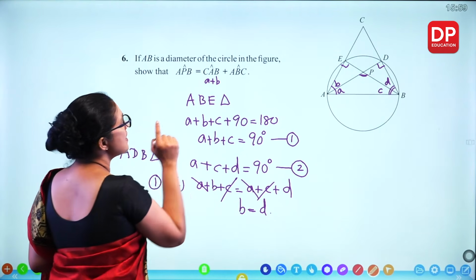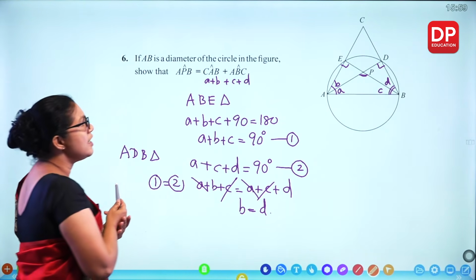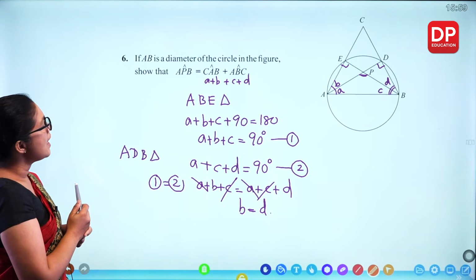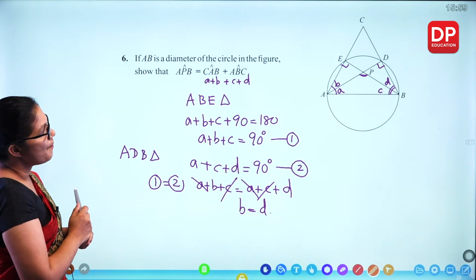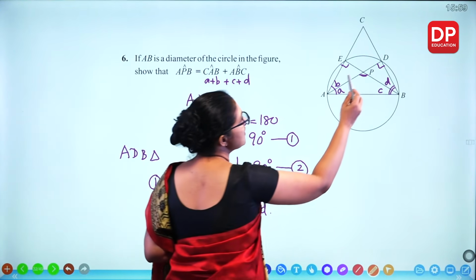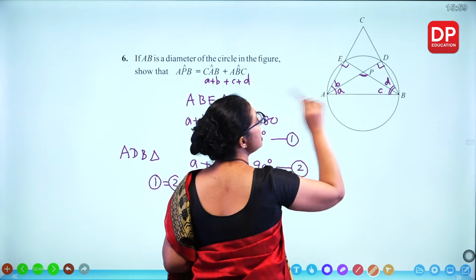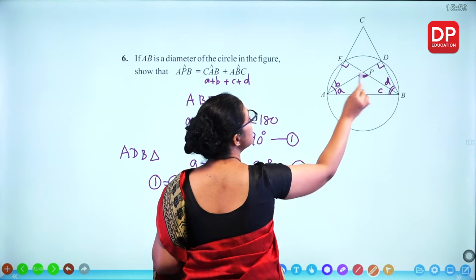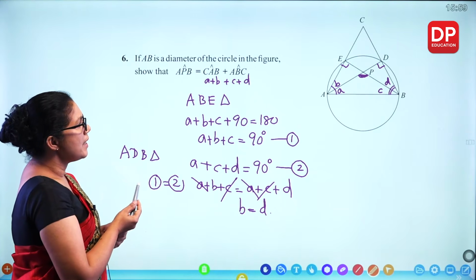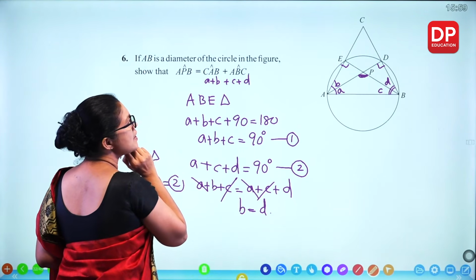ABC is C plus D. So we need to find out A plus B plus C plus D is equal to APB. What's this angle? If you know this is D and this is 90, what's this angle? 90 plus D or B. I'll write down the same angle. 90 plus B is P angle.